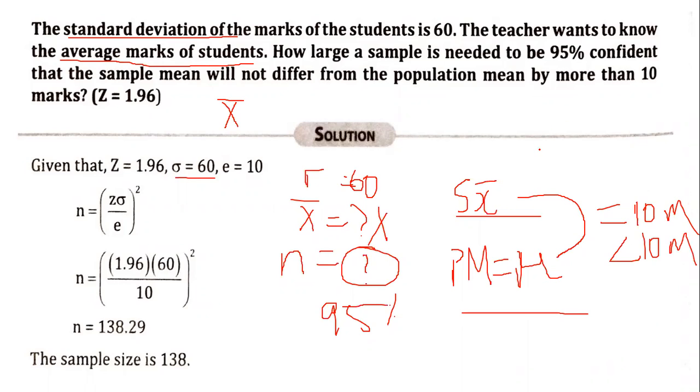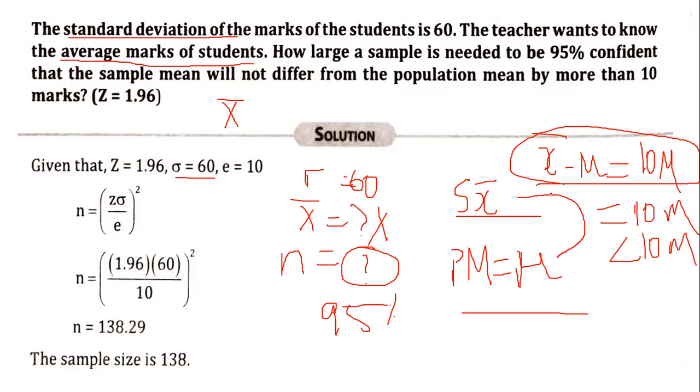So they have given us the difference between x bar and mu to be 10 marks. So this can be considered as the margin of error. Let's double verify the calculation here.